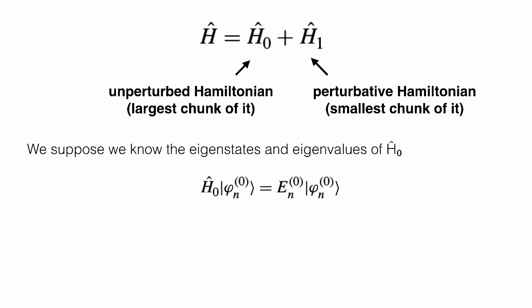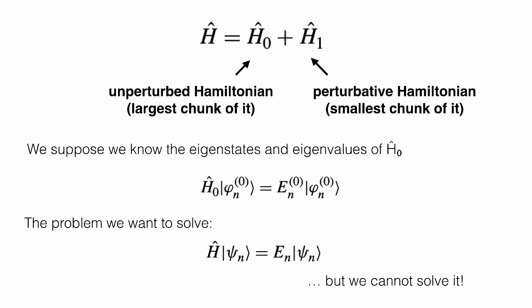What we suppose we know is that the eigenvalues of H0 are well known and are given by the equation on this slide. What we need to solve for is the general wave function psi n and the energy En, without any subscript, for the full Hamiltonian. That's what we want to solve.